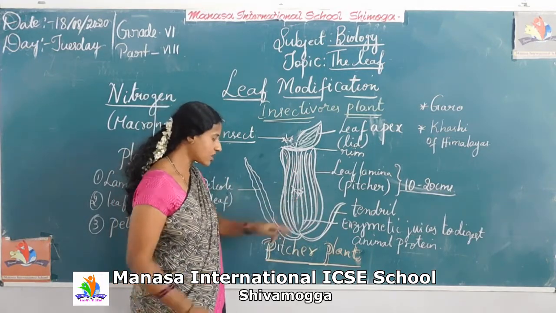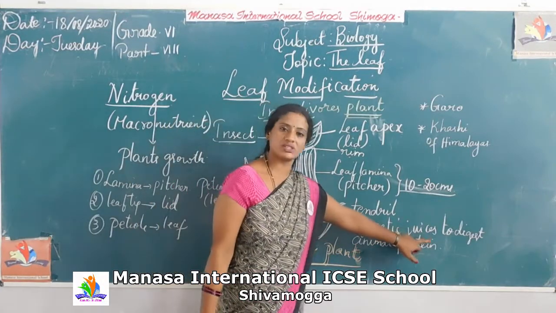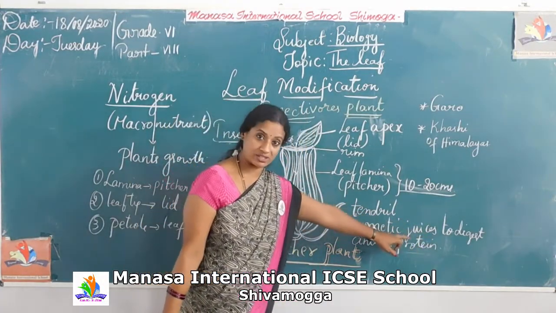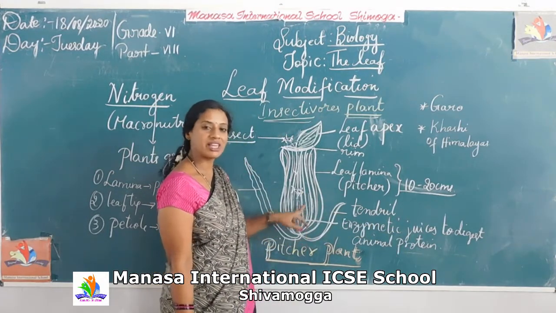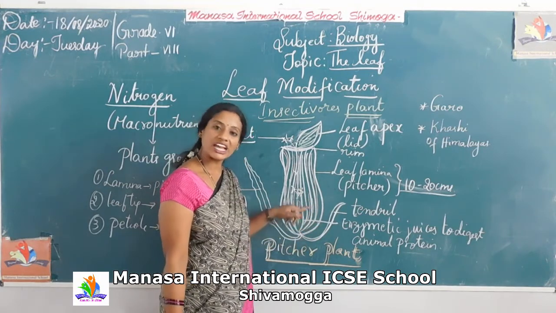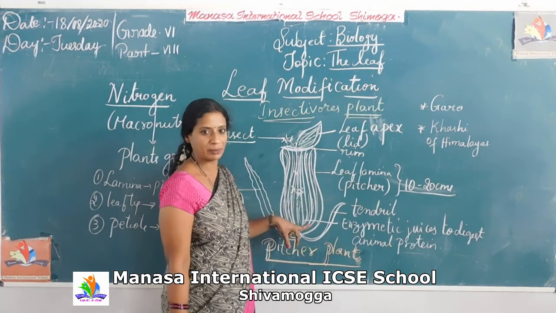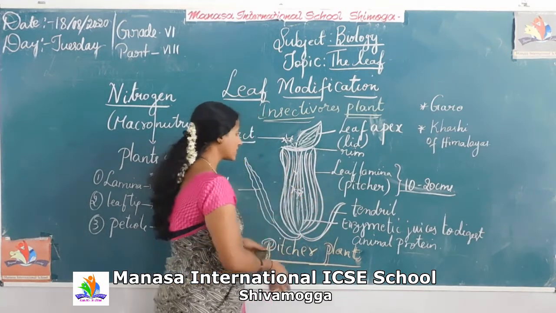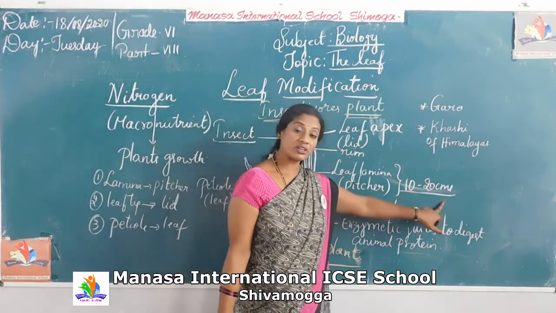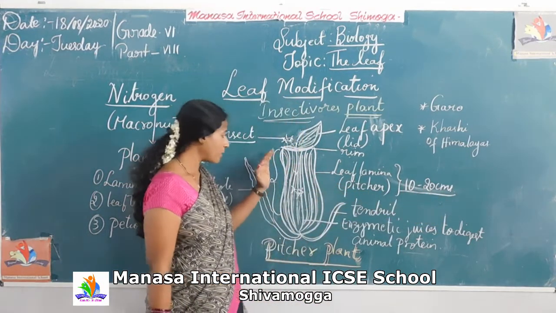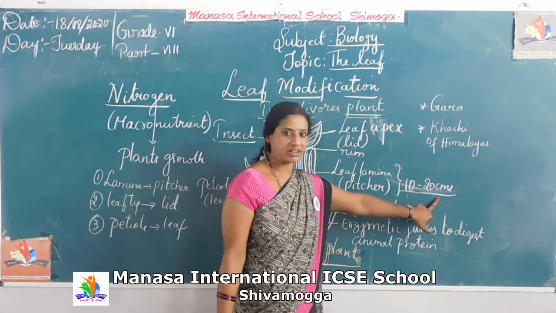Once it enters, there are certain enzymatic juices present inside the pitcher. These enzymatic juices completely dissolve the animal protein and the plant extracts the nitrogen for growth and development. Is it clear now? The maximum size of the pitcher will be around 10 to 20 centimeters.